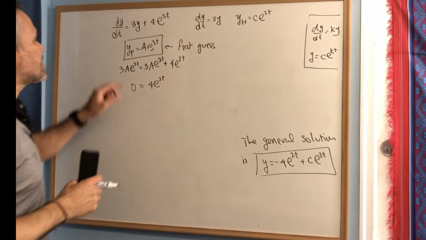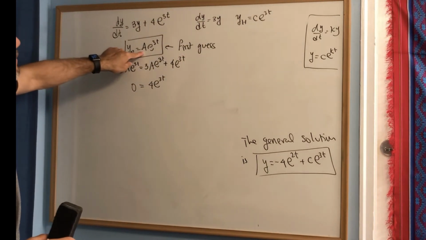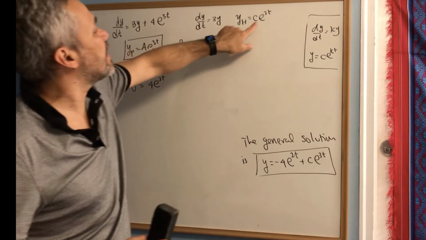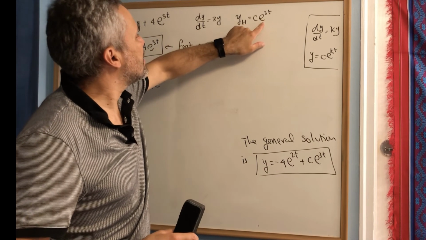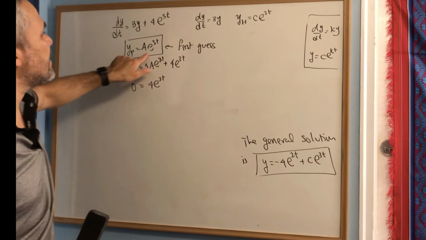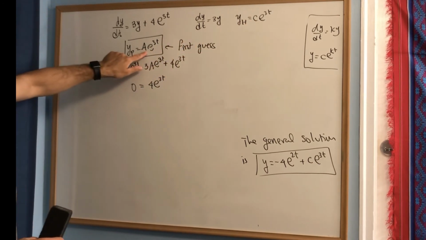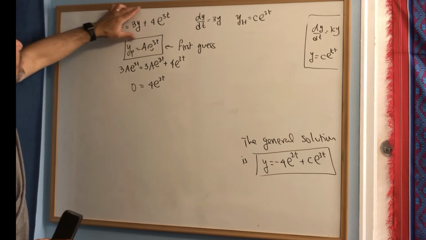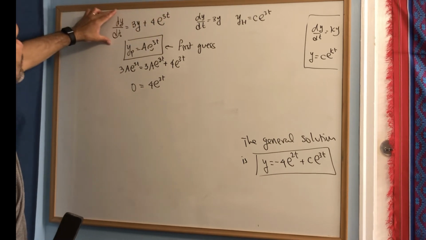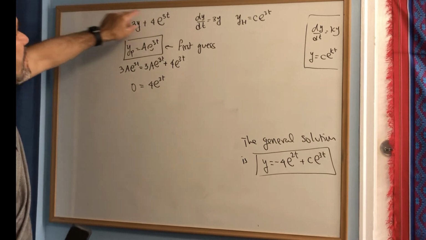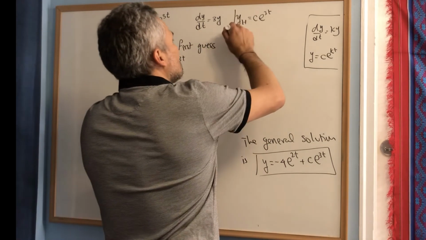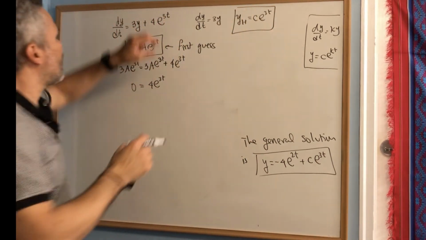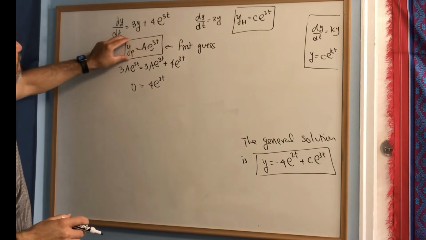The first guess didn't work because when you look at the first guess and the solution of the homogeneous, they are essentially the same. Anytime that happens, my suggestion is, when you have a non-homogeneous differential equation of order 1, first find the solution of the homogeneous. Then you look at the non-homogeneous part and make a first guess.